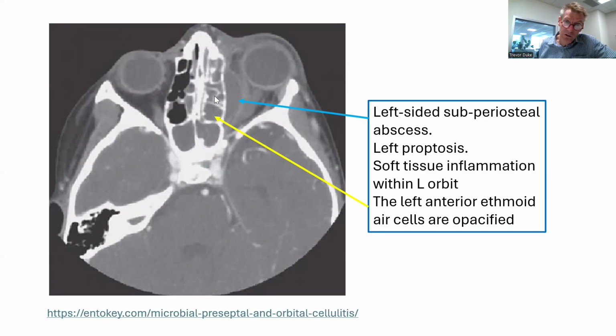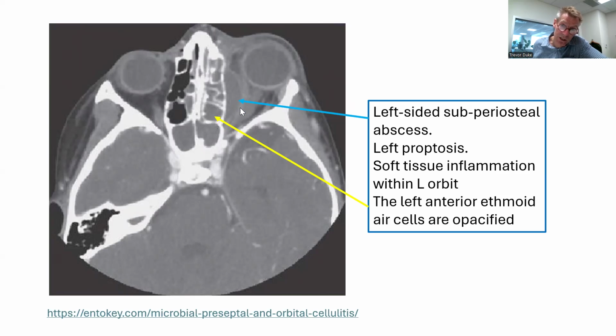The ethmoid air cells are opaque, and if you look at this membrane here, which doesn't exist here, this is the normal fat within the orbit, and you can see that there's very little fat. The black is fat, but there's very little fat. There's a lot of soft tissue inflammation in the left orbit, and actually this is like an abscess, what's called a subperiosteal abscess, because the periosteum goes along adjacent to the orbit, and you'll see how swollen that area is.